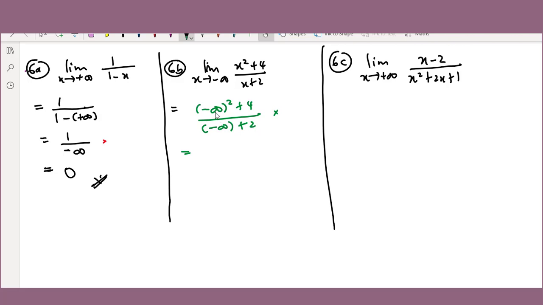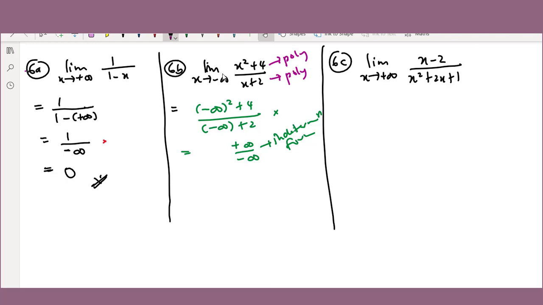And here is positive infinity over infinity, or positive infinity over negative infinity. We don't know which one. So this is actually not equal to 1. So we call this one an indeterminate form.